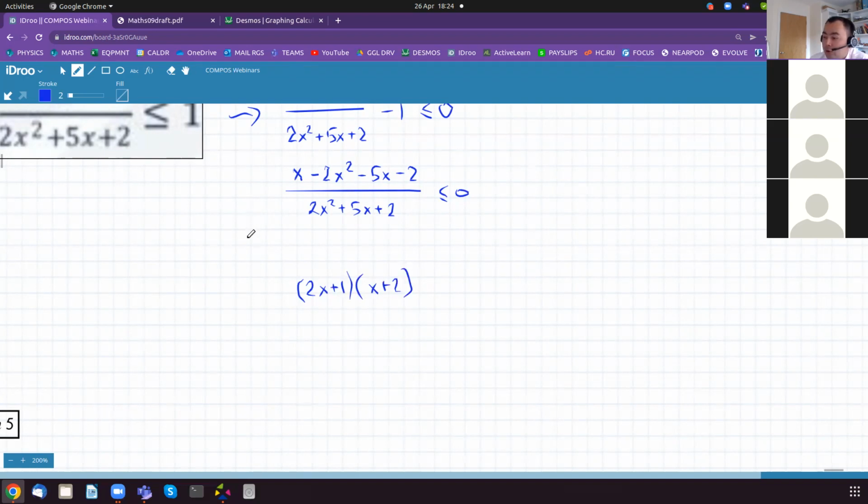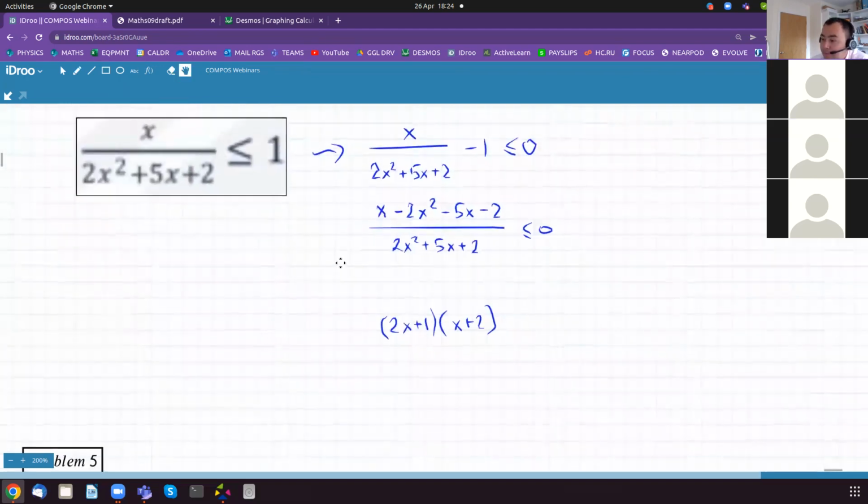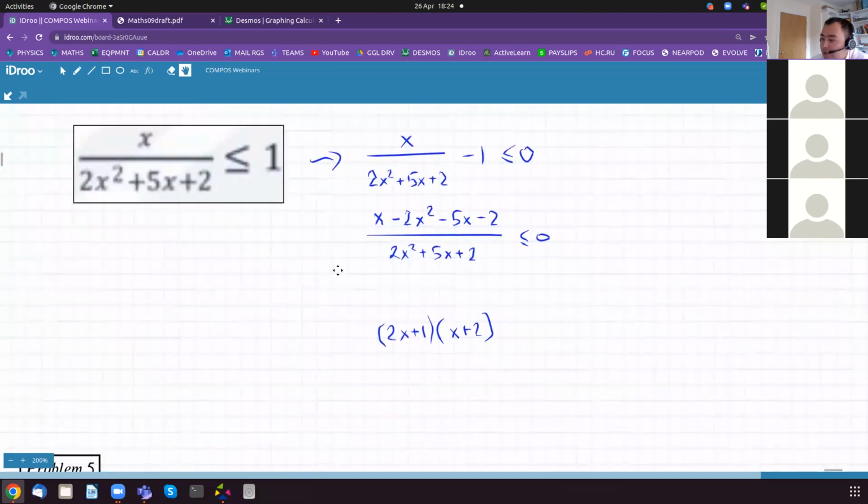We can't multiply through, because we don't know whether it's positive or negative. If the denominator is negative, there has to be a change of sign. Does it make sense?